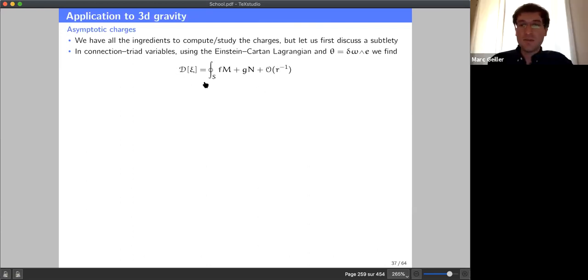Well, it's a bit the same thing that happens in the case of the BTZ black hole. The diffeomorphism charge will be, so f, the generator of super translation now, paired with this function m, and the generator of super rotation g, paired with the arbitrary function n. So f is paired with the Bondi mass aspect, and g is paired with the angular momentum aspect.